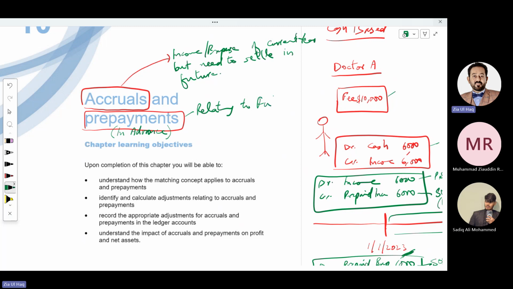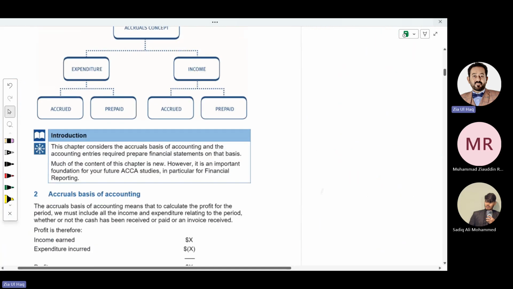Relating to future, but cash either received or paid in advance. And this whole chapter is about accruals and prepayments. Let's discuss.